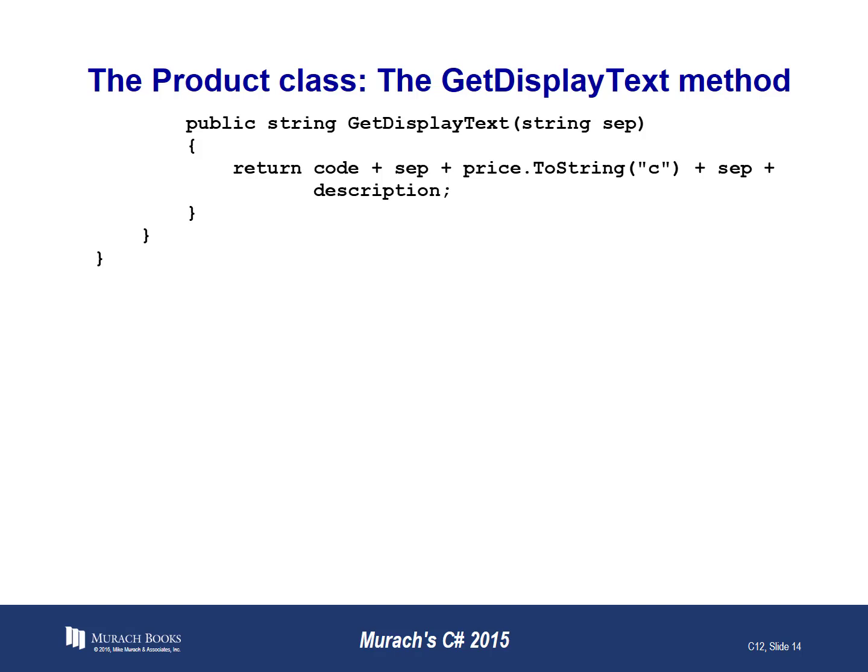Then it's going to return the price converted to a string and formatted as currency, and then another separator, and then it's going to return the description, all as one long phrase. The separator can be anything, so the user could specify a semicolon or a space or a tab key, and we'll provide this phrase with their user-defined separator.